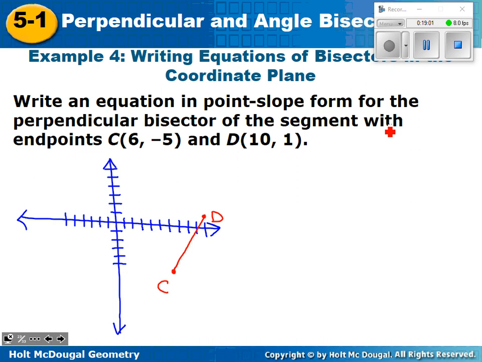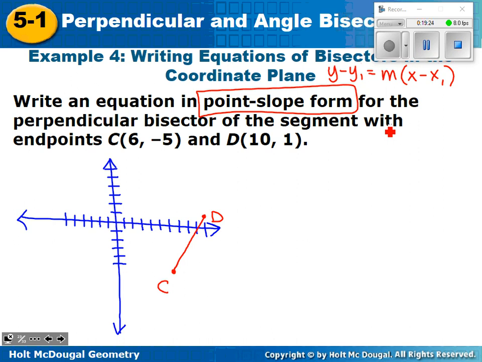Okay, so it says write an equation in point slope form. Let's stop right there. Remind me from chapter 3, what is point slope form? All right, so we got good point slope form.